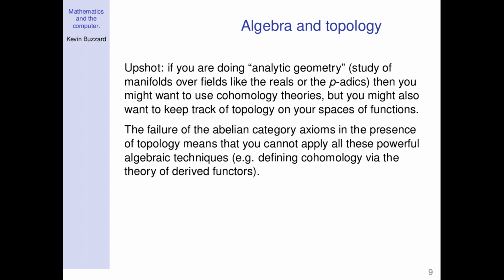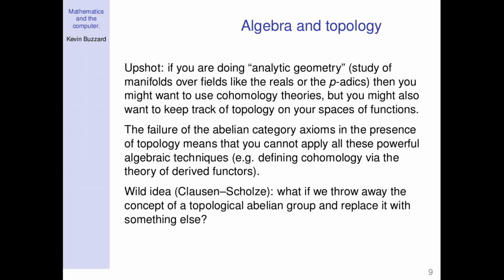So the argument is that this is a problem because it would be nice to develop some differential geometry or some analytic geometry using these amazing homological algebra tools, but you can't use them because you don't have an abelian category.